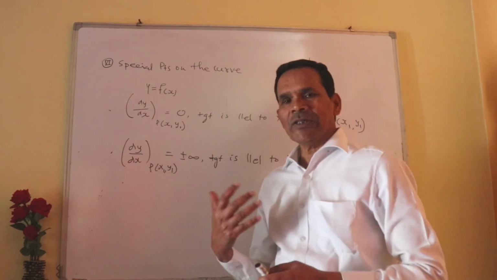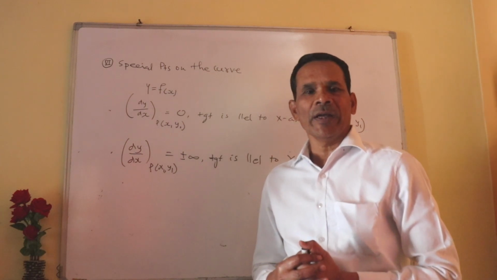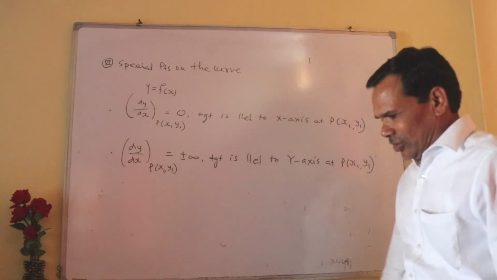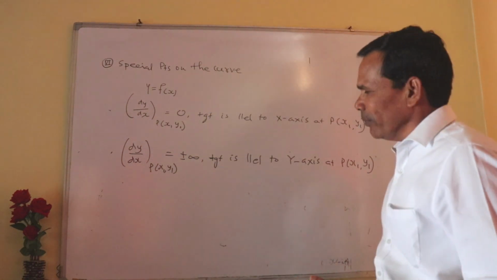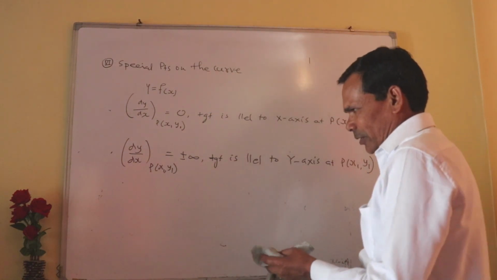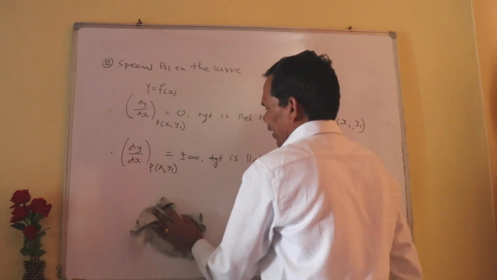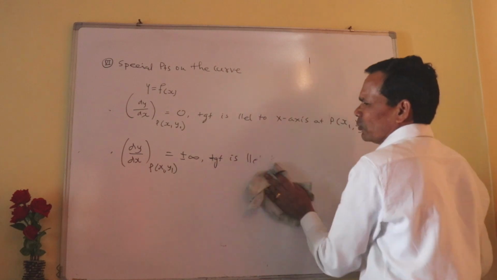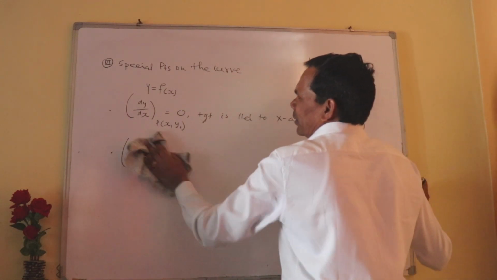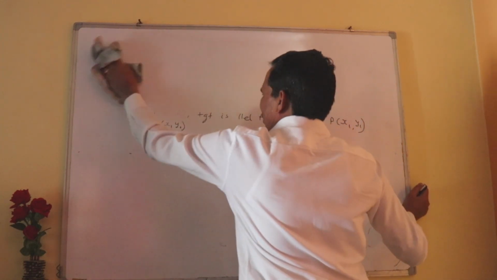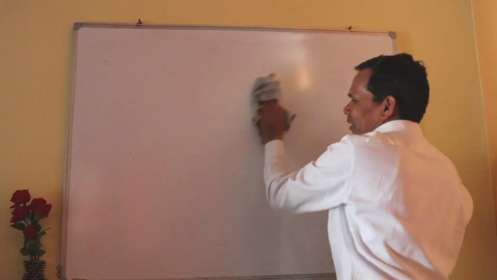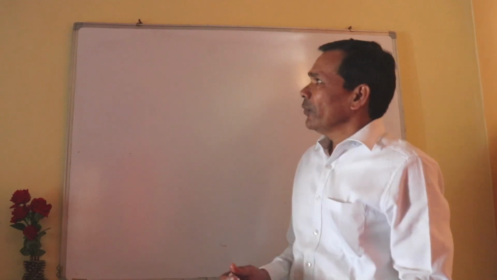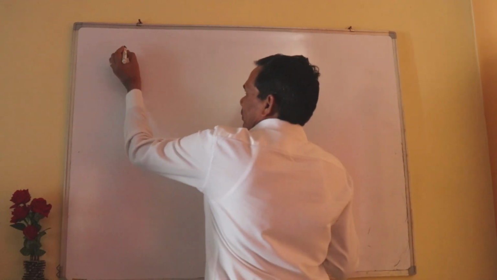This is the procedure for tracing a curve in Cartesian form: starting from symmetry, origin, tangents at origin, points of intersection, asymptote, then region of existence and non-existence, special points, and finally the approximate shape of the curve.